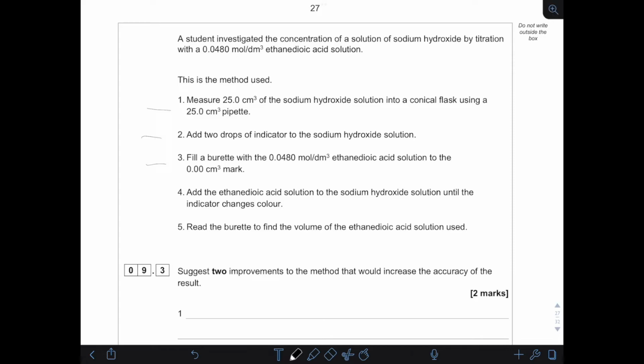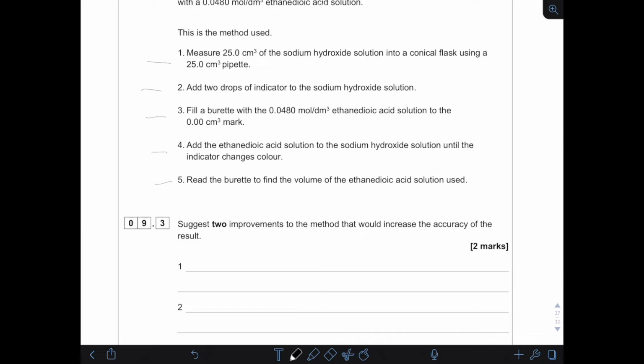Fill the burette with the known concentration of acid to the 0 mark, that's correct. Add the solution until it changed color, that's fine and correct. Read the burette, find the volume, that's also correct. So nothing major red flag here.